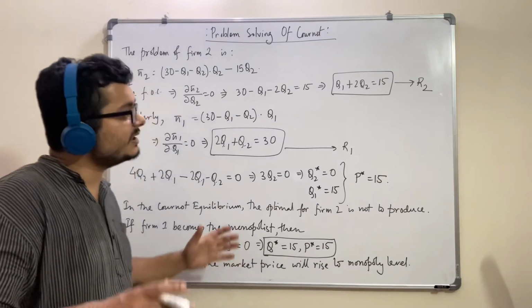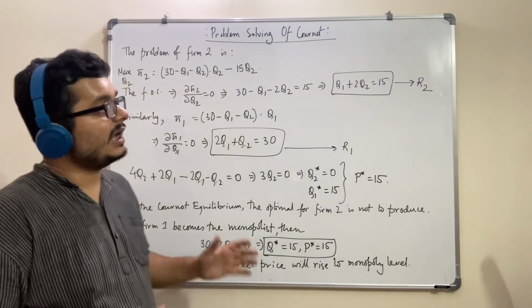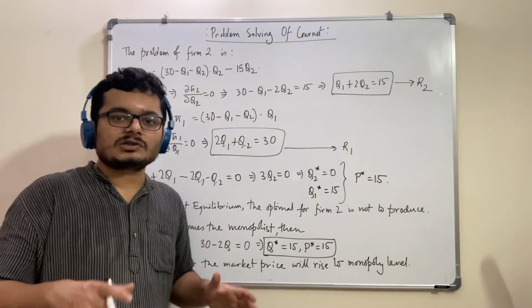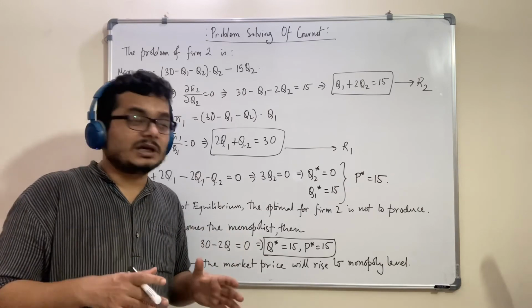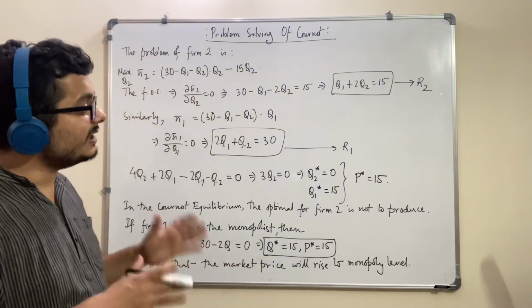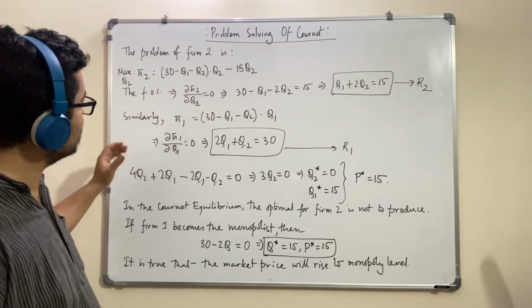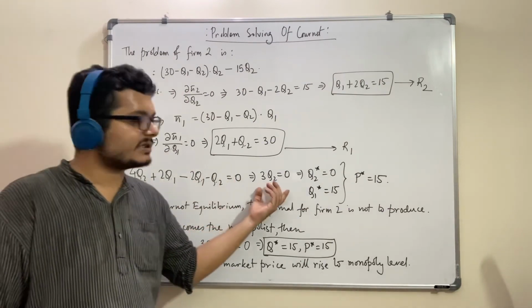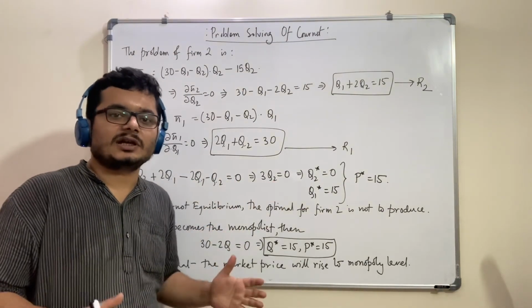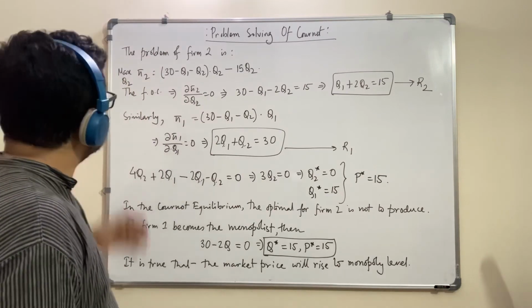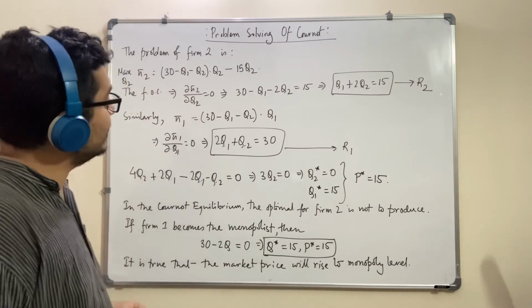We will solve the result in a theoretical manner, and after that we will also solve a problem, because in the case of n farms, finding this reaction function has a very different trick compared to the method that we are following now.